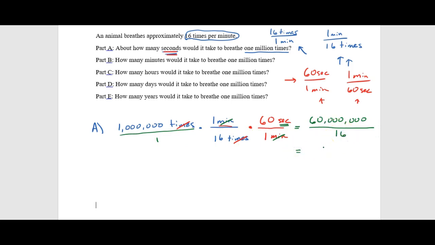I need to do this actual division. So I take out a calculator, and I divide 60 million by 16. And if I do that, I get 3,750,000 seconds. Okay? So that's how I solve question A.